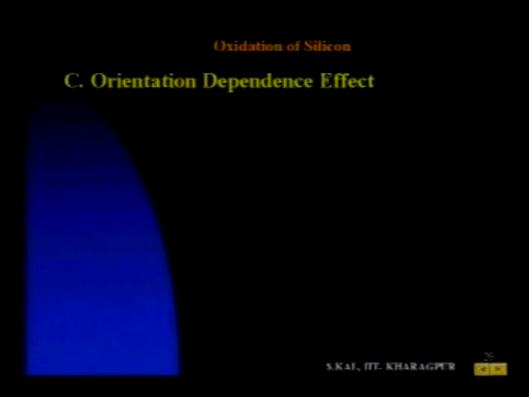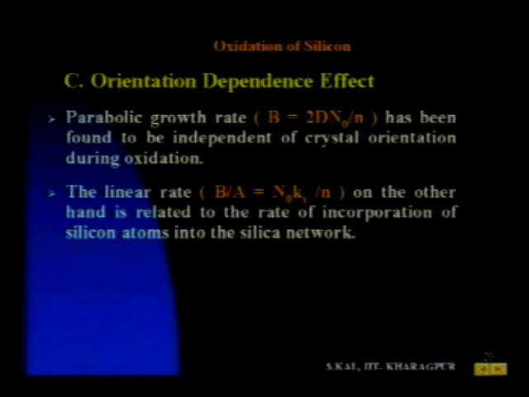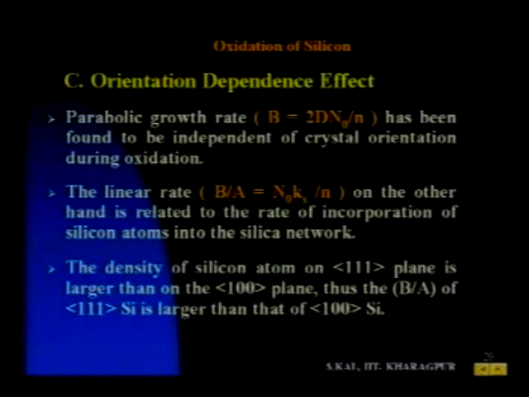Orientation dependent effect. Earlier we have shown some curves that the growth rate is dependent on the crystallographic orientation of the substrate. It has been found that the parabolic growth rate B is independent of crystal orientation during oxidation.